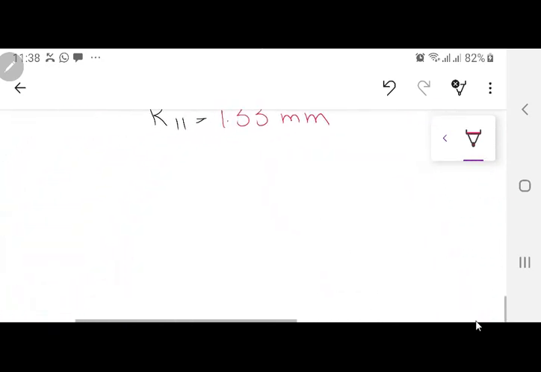Now to do this calculation, let me do it as a table.